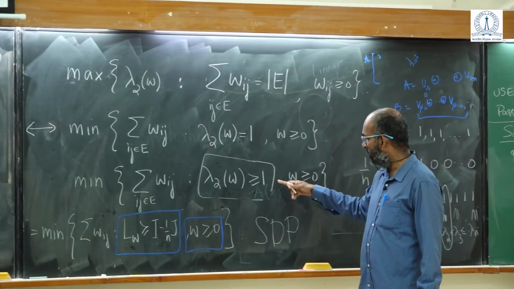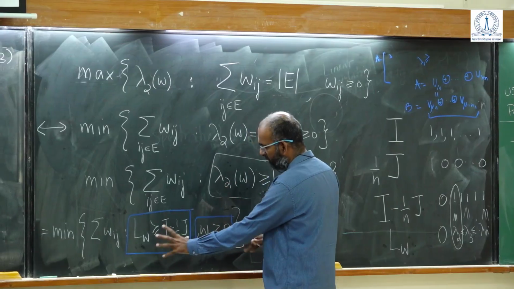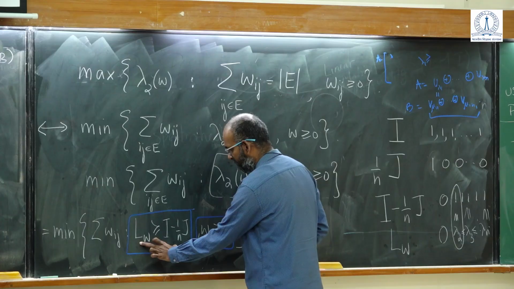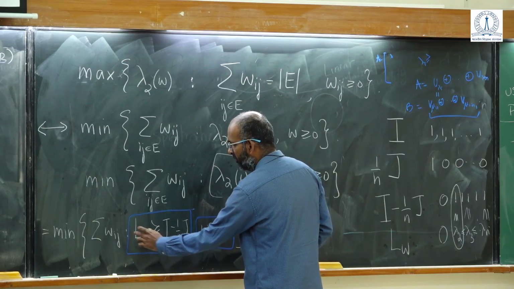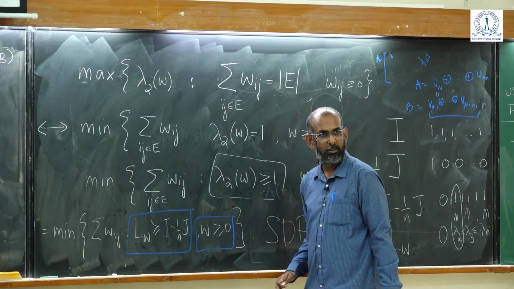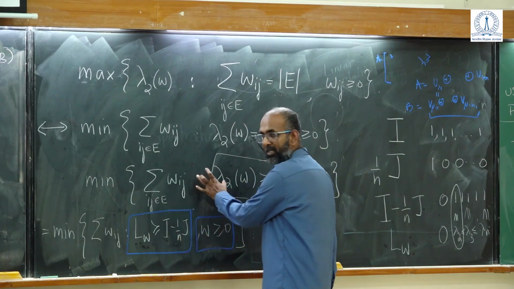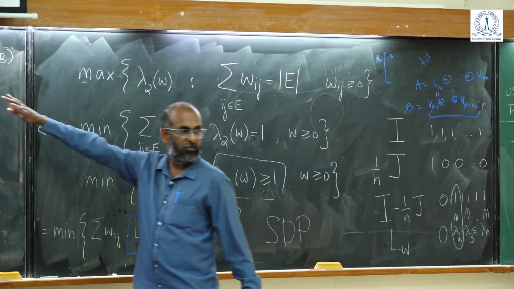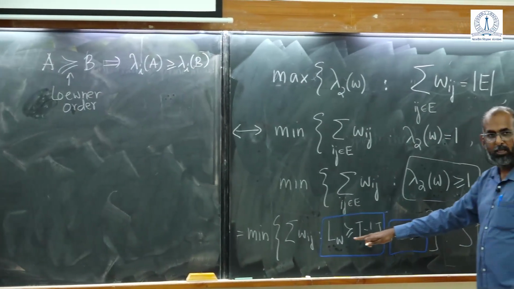And then after some argument we came to the conclusion that we should look at all W such that L_W is greater than or equal to I minus 1 by n J. So in general the implication would only go this way, right, because of what she just said and I repeated. But in this case something nice happens.